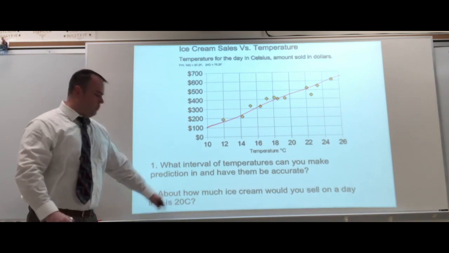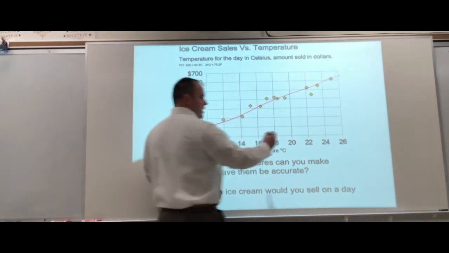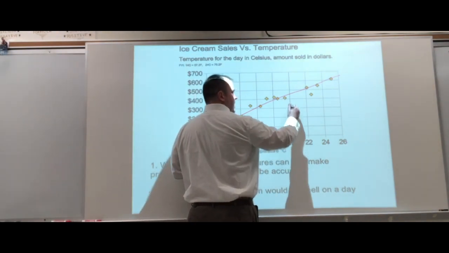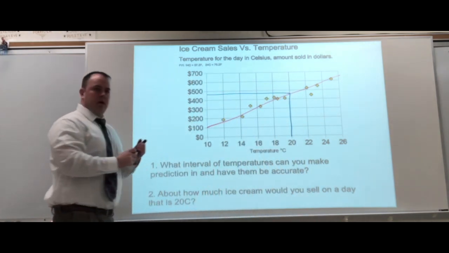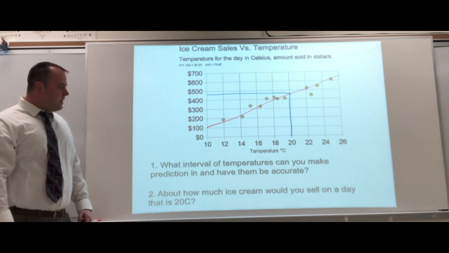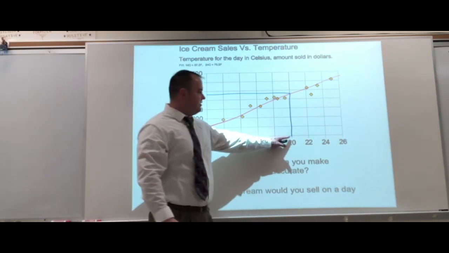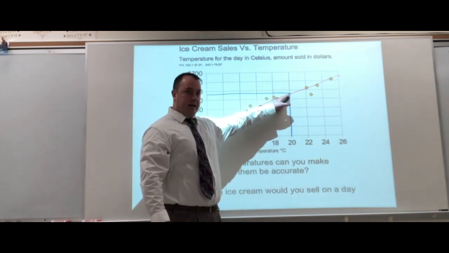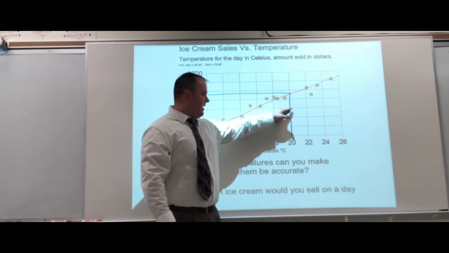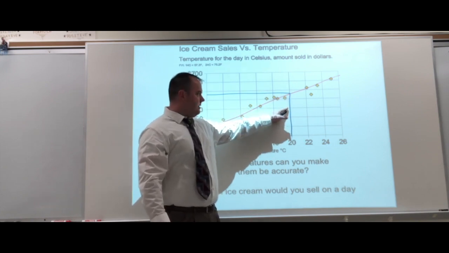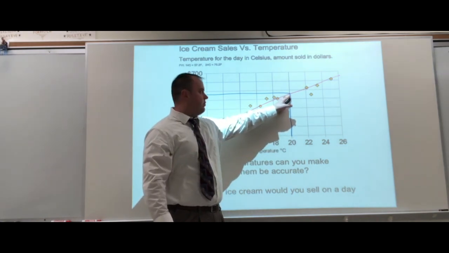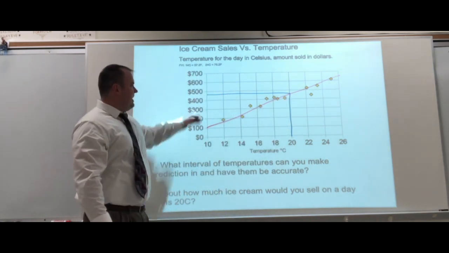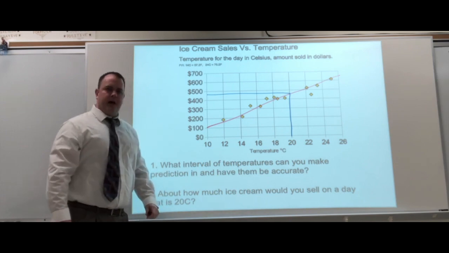So if I'm predicting 20 degrees Celsius, I'm going from that point 20 up to the line and over. It's not going to hit any point. If it does hit a point, you go through it. We care about the red line that I drew. And drawing over is about $450.